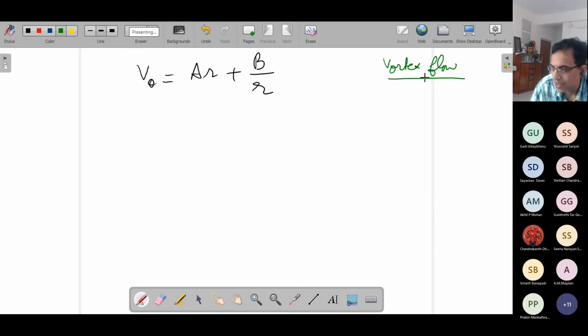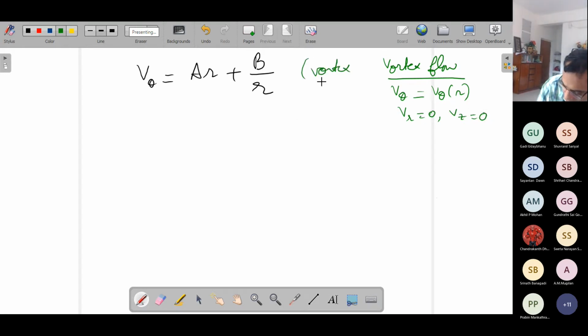That is why kinematics is such an important backbone of understanding fluid flow, that you can refer to that for explaining most of the flow physics. So vortex flow is a flow where v theta is a function of r and other components are not there. Vr equal to 0 and vz equal to 0. So this is clearly a vortex flow.